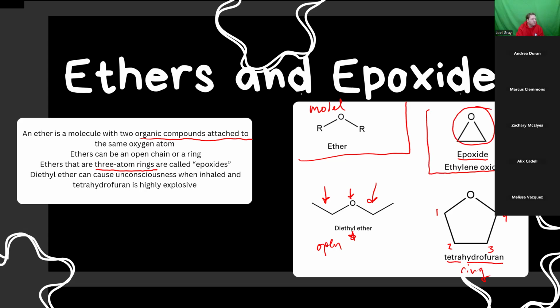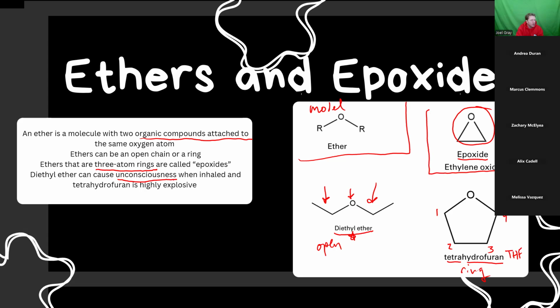Now, ethers are used for a number of different things. Diethyl ether can cause you to faint, lose consciousness, when you inhale it. Tetrahydrofuran, also known as THF, is extremely explosive.